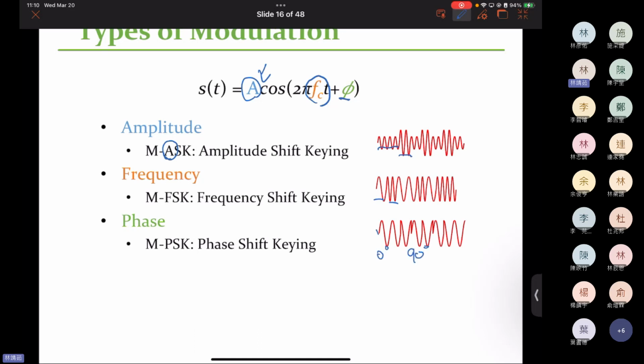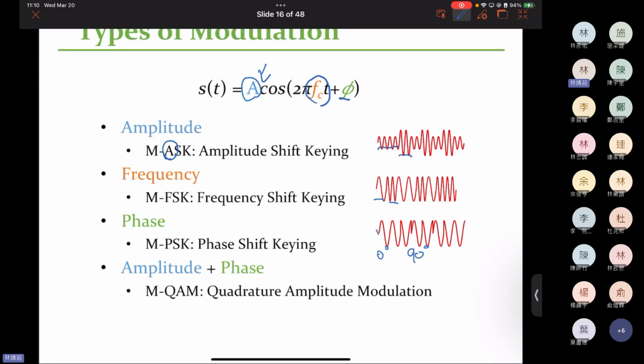Even more interesting, you can change multiple parameters at a time. For example, you can change amplitude and phase at a time. This is how we use the waveform to represent ASK, FSK, PSK.